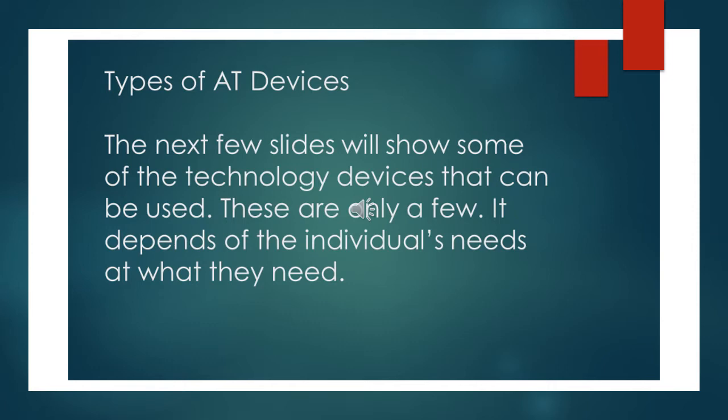And also you may have students that are nonverbal and they will need more of an extensive device, or a student that's in a wheelchair that will need a device that will help them to use the communication device. So in the next few slides are examples that I have pulled off the internet of pictures that you might use in the classroom.